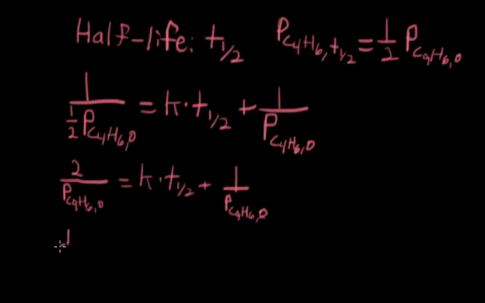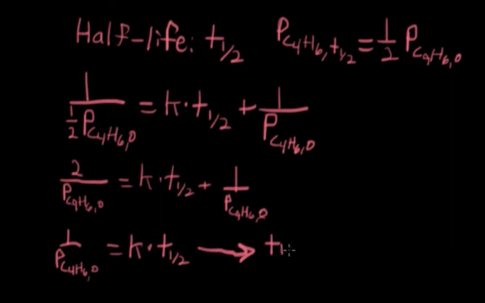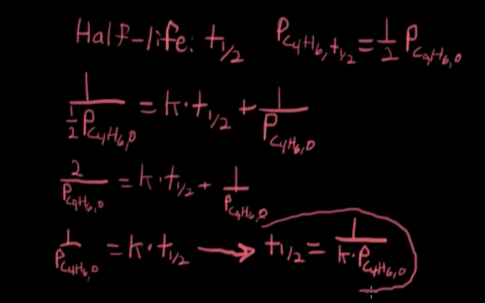So we get 1 over the initial partial pressure of C4H6 is equal to k times our half-life, t1/2. And then we just divide both sides by k to get our half-life. So t1/2 is equal to 1 over k times the initial partial pressure of C4H6.